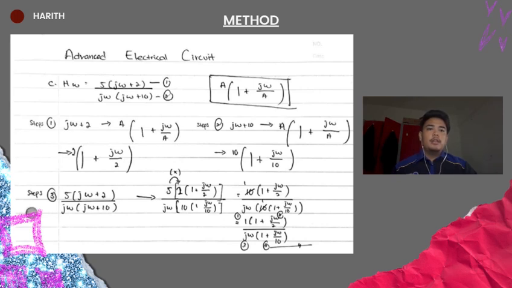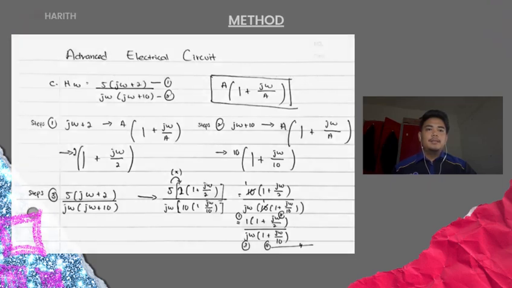From the equation I've said before, this can be simplified into 1 times (1 plus jω over 2) for the numerator, and for the denominator is jω times (1 plus jω over 10).